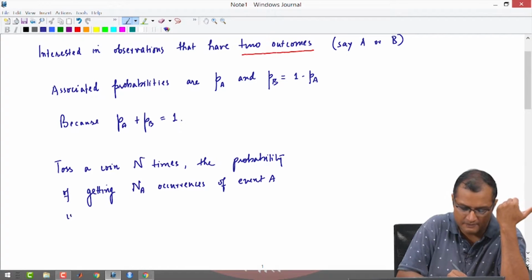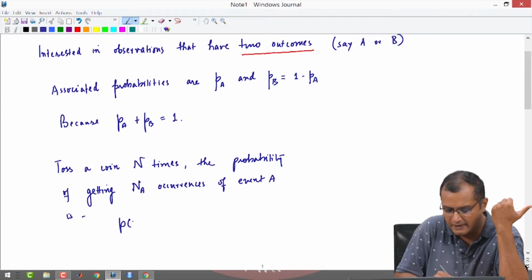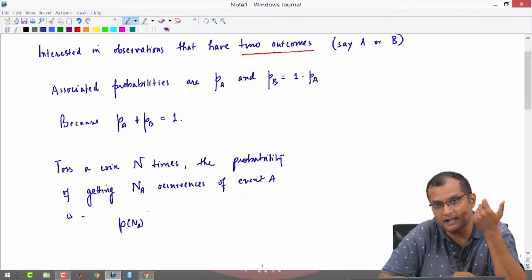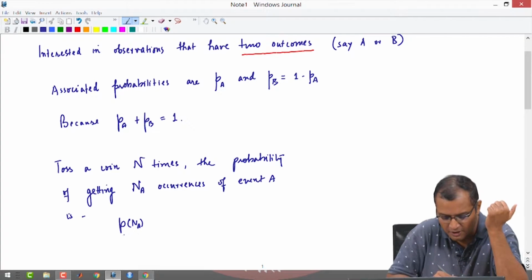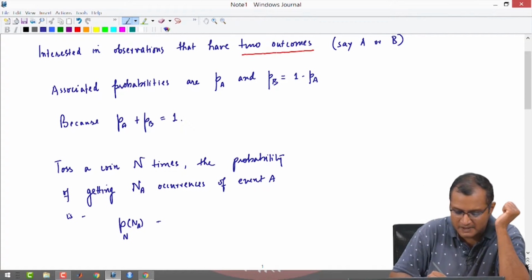is given as, I am going to call it P of n A. So, the probability of getting the occurrence A, N A number of times in a total of N tosses or N experiments, is given as follows.